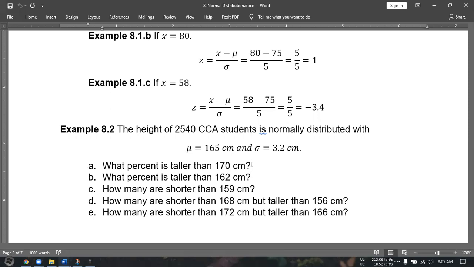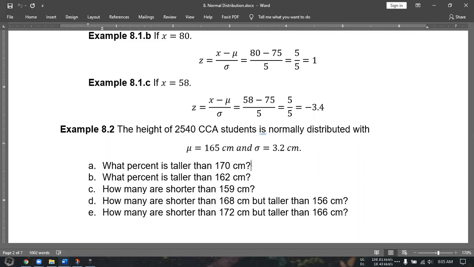So we'll be shading the values on the right side of 170 because taller is greater. Taller than is greater than 170. So we'll be shading the right side of 170. So this is 171, 170.5, 172, and so on. Third step.